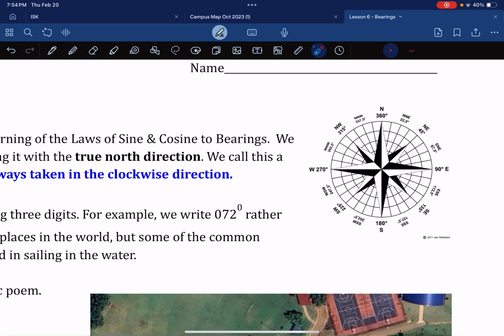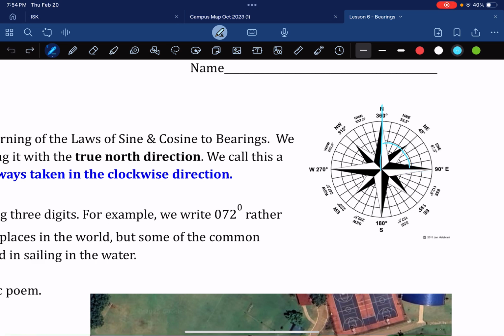So we always start bearings from north, all right? If I was to measure east, then I would start at north and go 90 degrees to east. I create those lines because it helps me see what that bearing is.